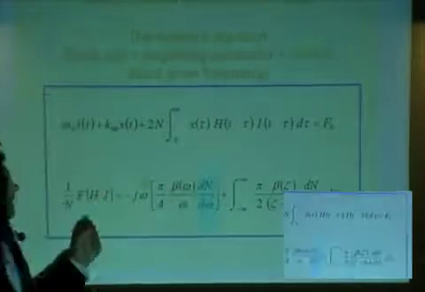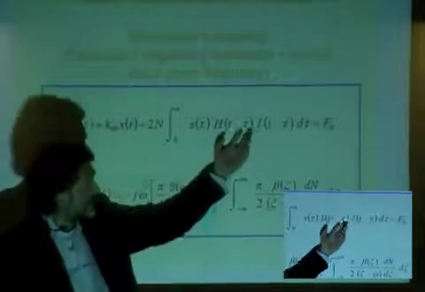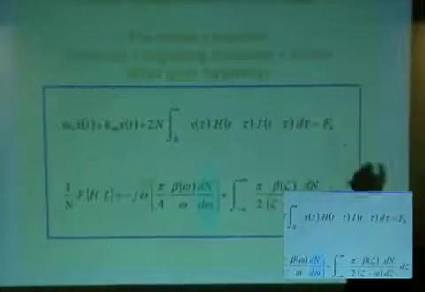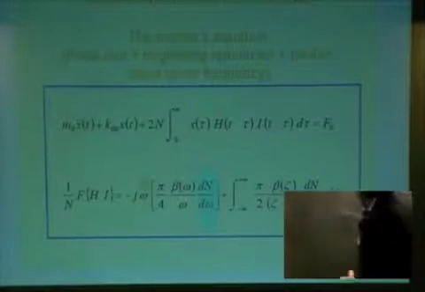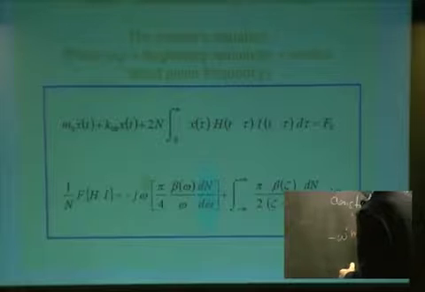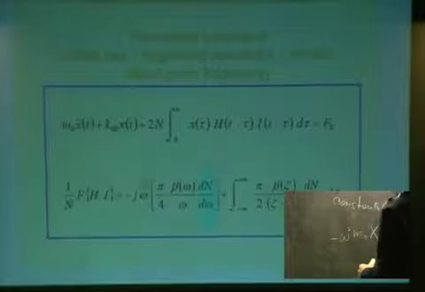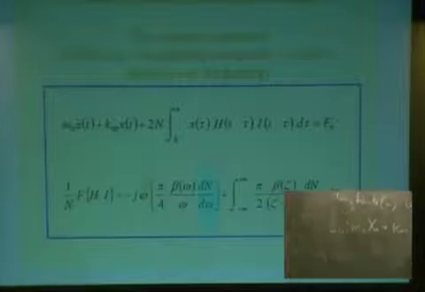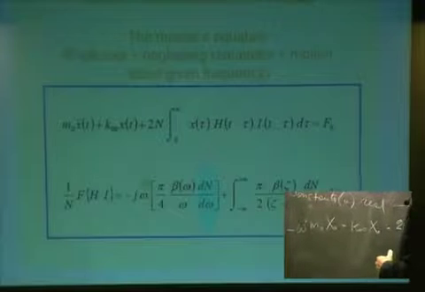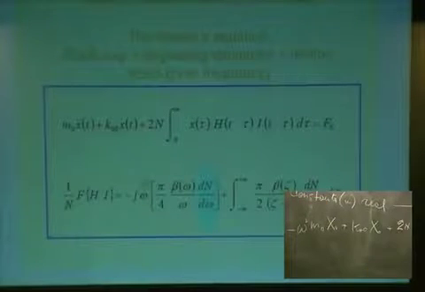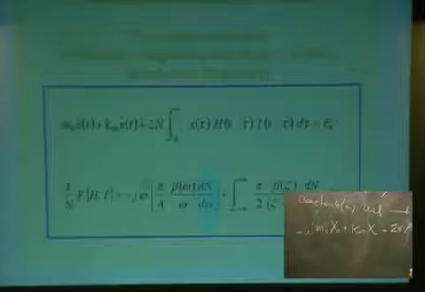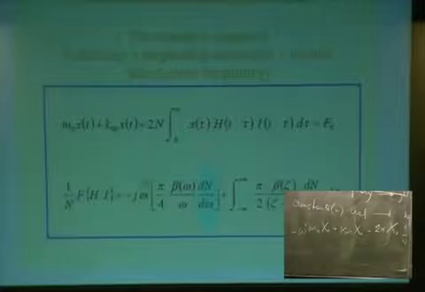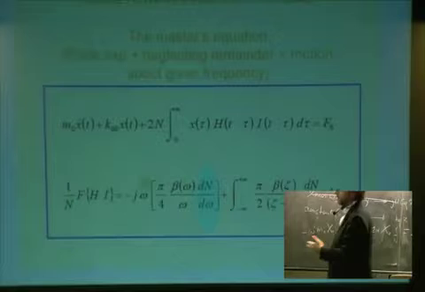We are taking the Fourier transform of this term, because if you take the complete Fourier transform of this equation, you obtain minus omega squared m0 x0 plus k00 x0, plus 2 over n times the transform of the convolution, that is x0 times the Fourier transform of h, equal to f0. That is what we are doing.